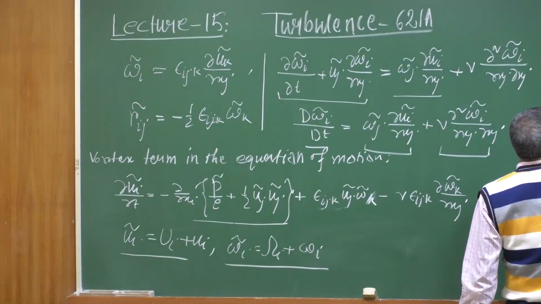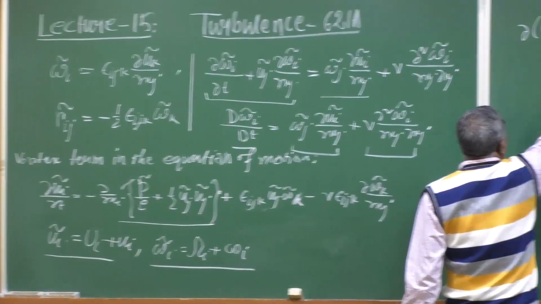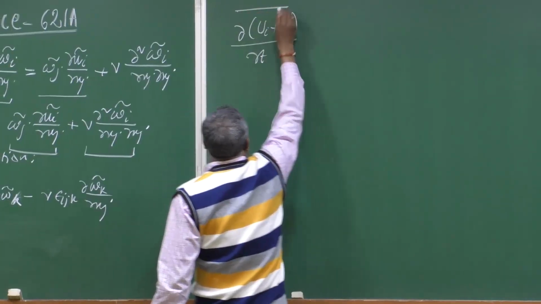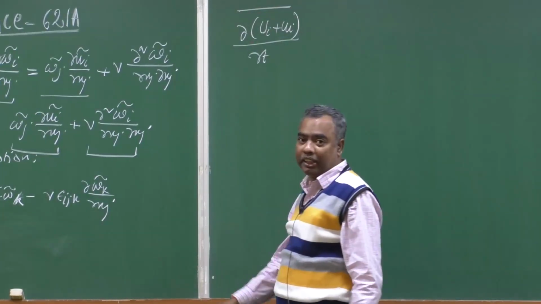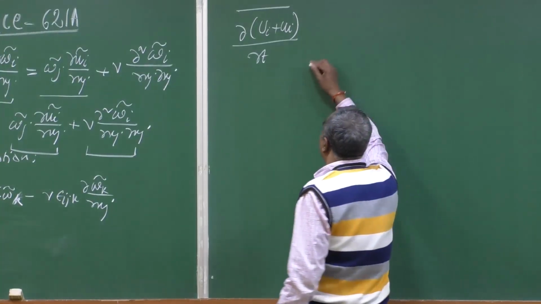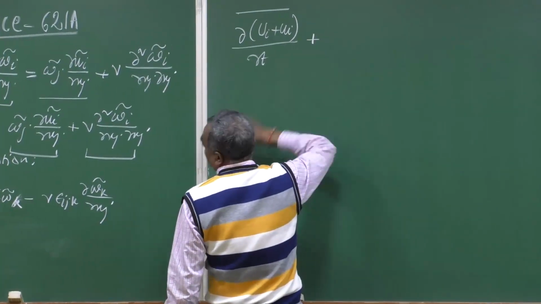So, this particular equation we can write as del (U_i plus small u_i) by del t, after using this Reynolds decomposition and then time averaging of this particular equation. So, that is what I am writing here.